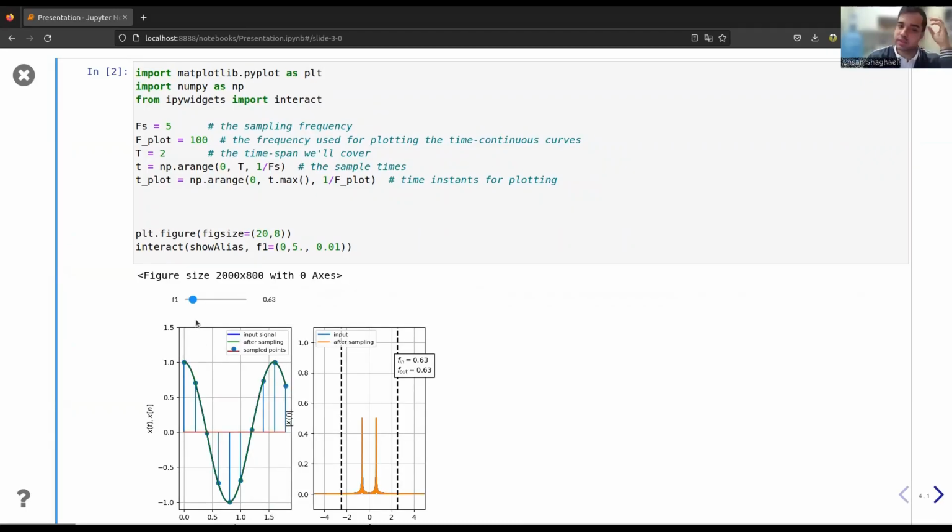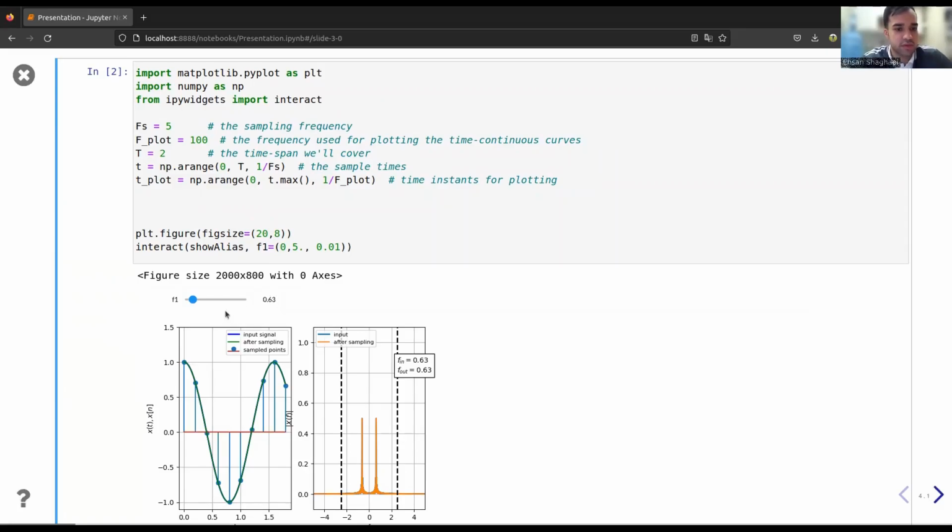For example, at 0.63 hertz, this is actually 63 hertz because our sampling rate is 100 hertz, so we are expecting 63 hertz.